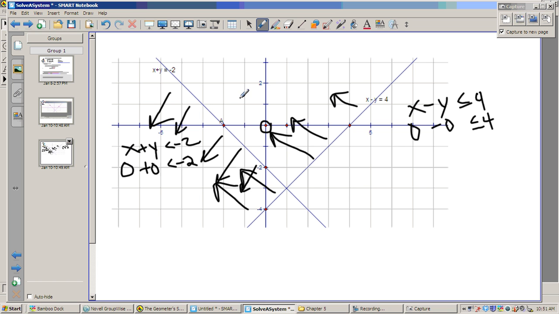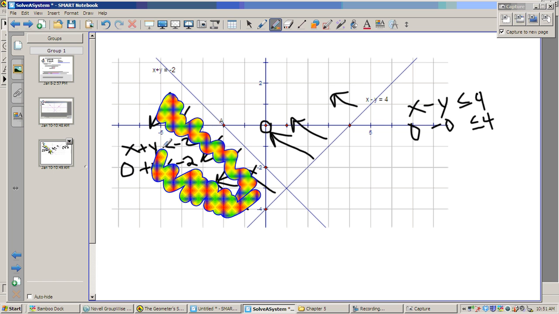What I'm really looking for is where both things are shaded. Notice how in here both things are shaded. That means any point I pick in this area, for example, this point right here, negative 2, negative 2, should work for both of them.